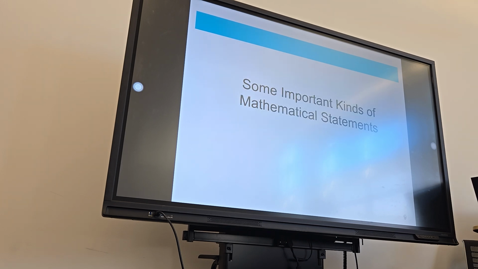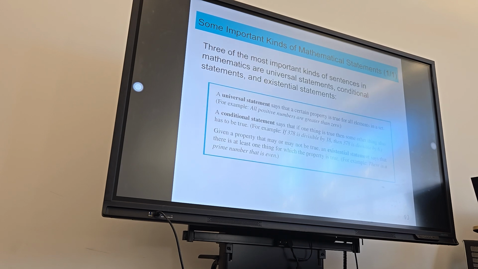Some important kinds of mathematical statements. Three of the most important kinds of statements in mathematics are universal, conditional, and existential statements. Now, the formal definition of those is that a universal statement is a statement that says a certain property is true for all elements in a set. So it's universally true.